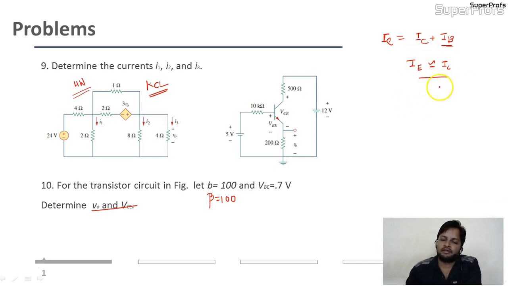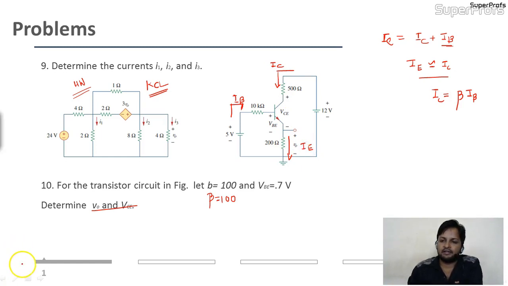Now another formula is given, and that is IC equals beta times IB, where IB is the base current. This is base region, this is collector region and this one is the emitter region. So the current in the collector is IC, and the current in the emitter is IE.